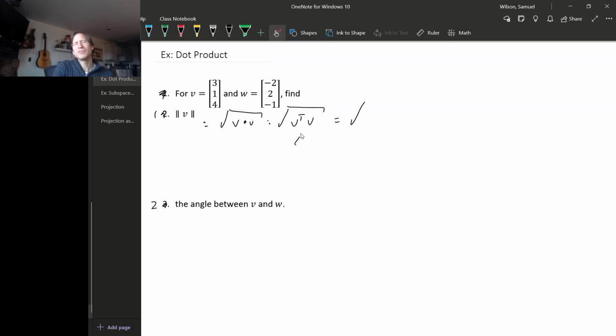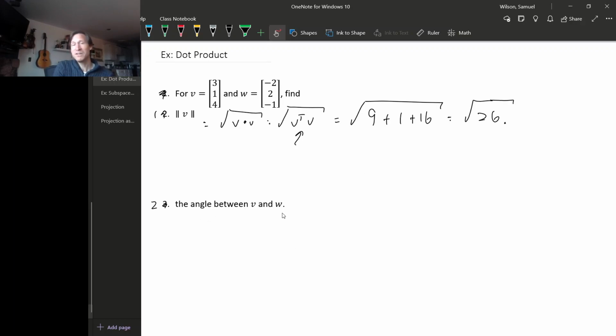And there's really no reason to write out this matrix product, or to actually write down what v transpose is. The formula for the dot product is so easy you can usually just write it out in your head. So 3 squared is 9, 1 squared is 1, 4 squared is 16. So it looks like we're going to get the square root of 26, which is not a particularly nice number, but that's what we get.